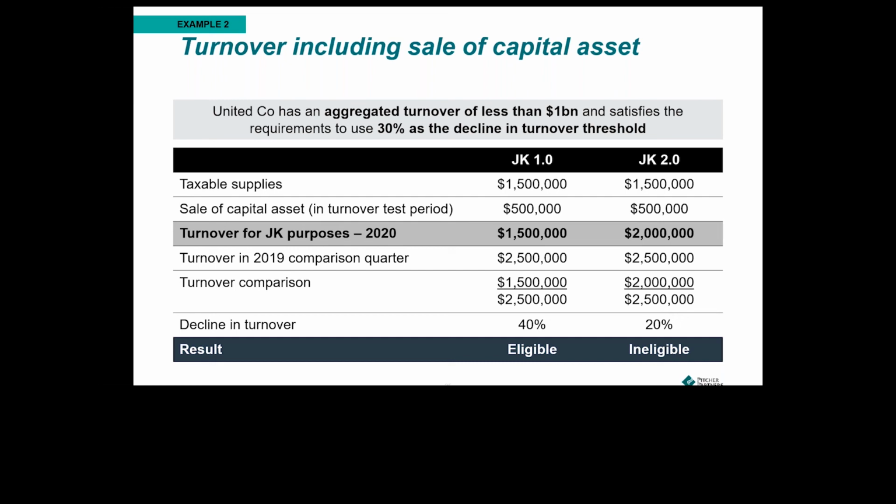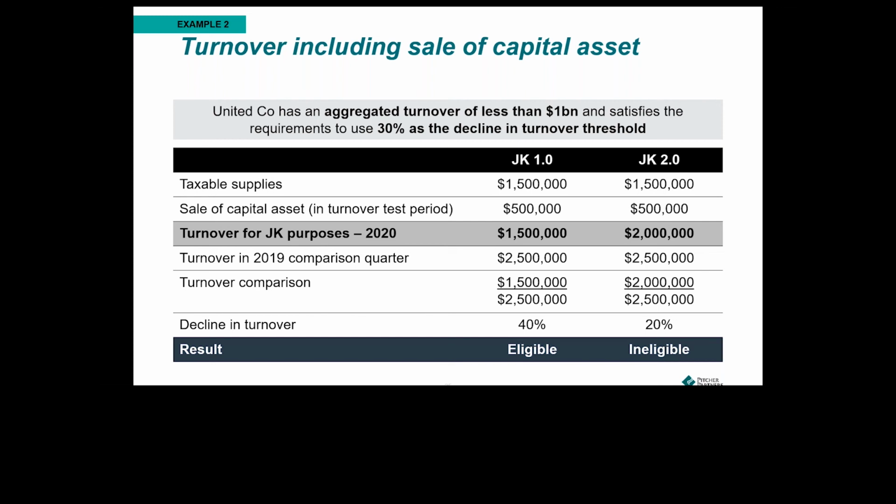So when it compares its turnover for the test period to the comparison period, the quarter ended 30 September 2019, and assuming that the turnover in that quarter was $2.5 million, you can see the difference that it makes in terms of the end result.